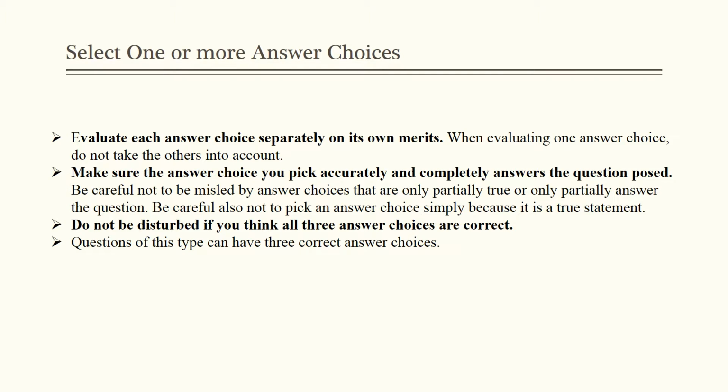Don't be misled by answer choices that are partially true or those that only partially answer the question. Also, do not pick an answer choice simply because it's a true statement. It might not apply to the passage. Don't be disturbed if you think all three answers are correct, because questions of this type can have all three correct answer choices.